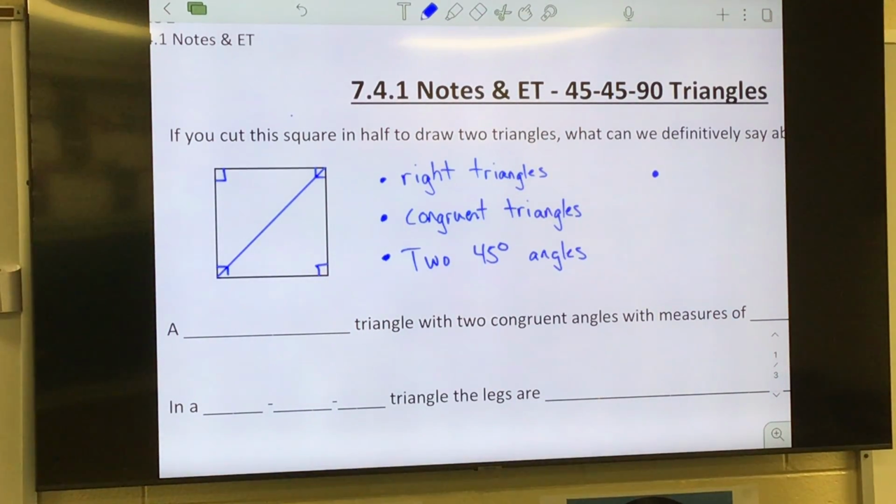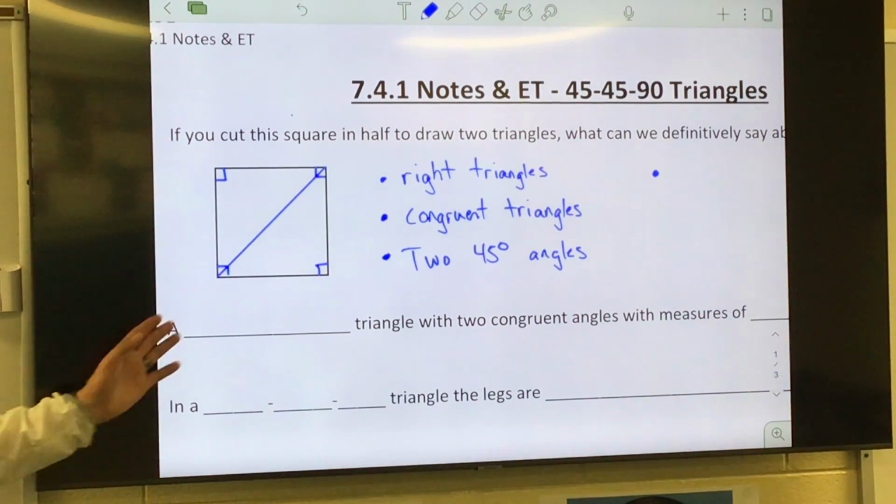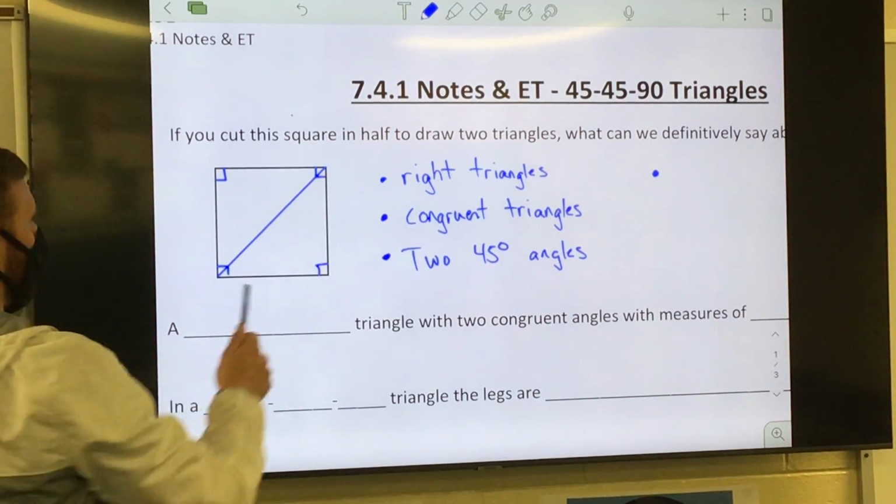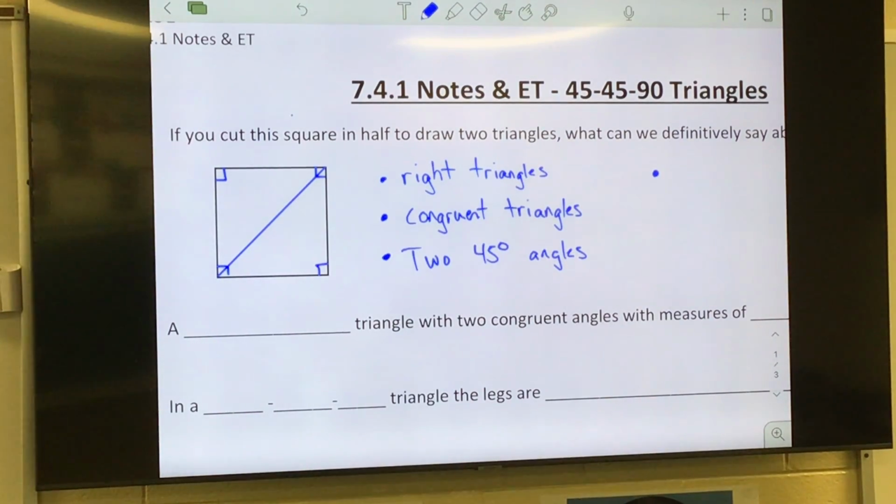This one's pretty important for today, the last one I'm going to ask for. There's probably a bunch more stuff, but anything about the side lengths of this triangle? They're all similar, or the same. What do you mean? Which ones? Because there are three, right? You have the hypotenuse and a leg and a leg. Except the hypotenuse.